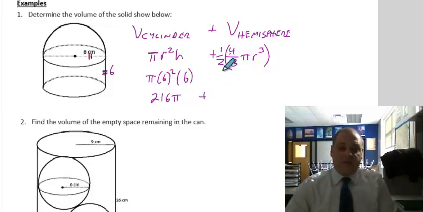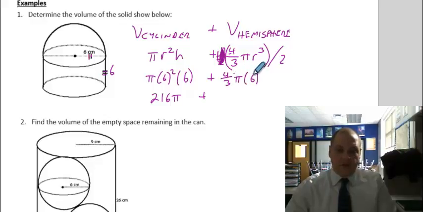And then plus, 4/3 pi radius 6 cubed, and then divide by 2, and that comes out to be 288 pi over 2.